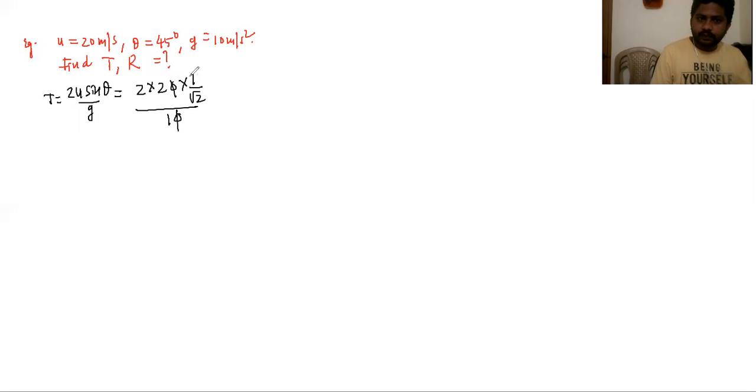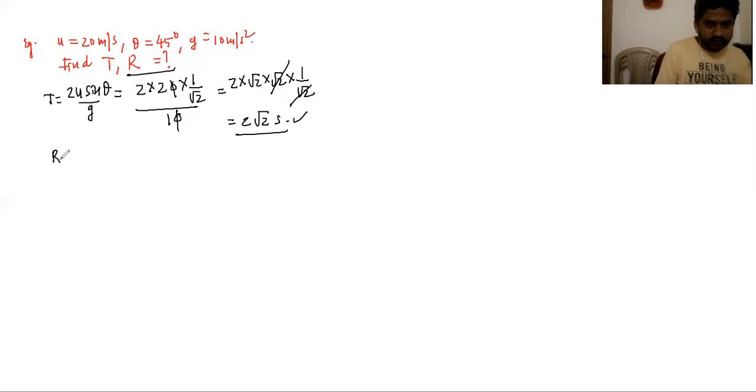So this is 2 into 20 into 1 by root 2 divided by 10. So I can cancel this, and the time of flight is 2 root 2 seconds. That's it. Now range also they are asking you to calculate.